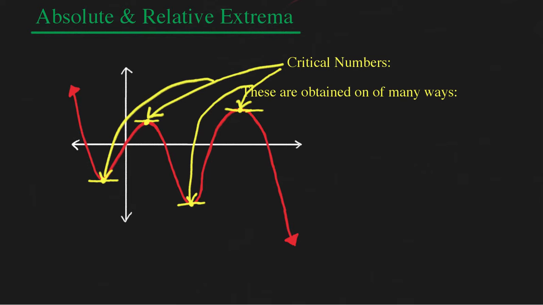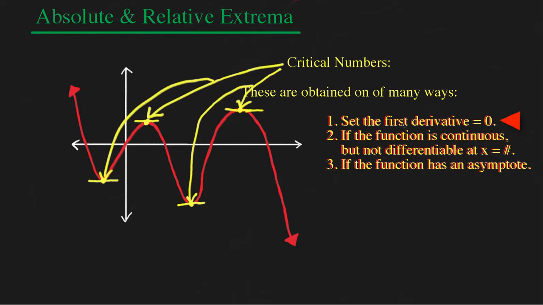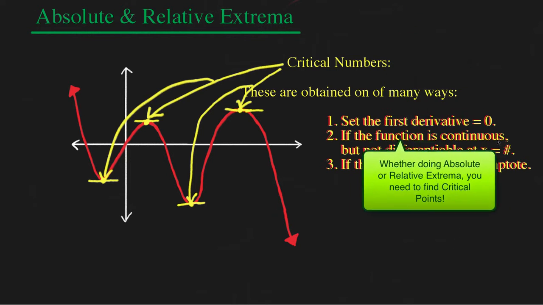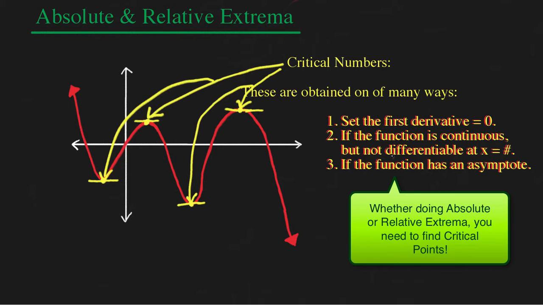There's one of three major ways. We discussed the first derivative equal to 0. The second is if the function's continuous but not differentiable, meaning it's okay in the original function, but when I take the derivative, it's undefined in the derivative. Defined, undefined. And then the last critical number is an asymptote. The special thing about the asymptote is it won't be a max or a min, even though the slope can change on either side. This is the premise that you're going to be doing all these problems on.